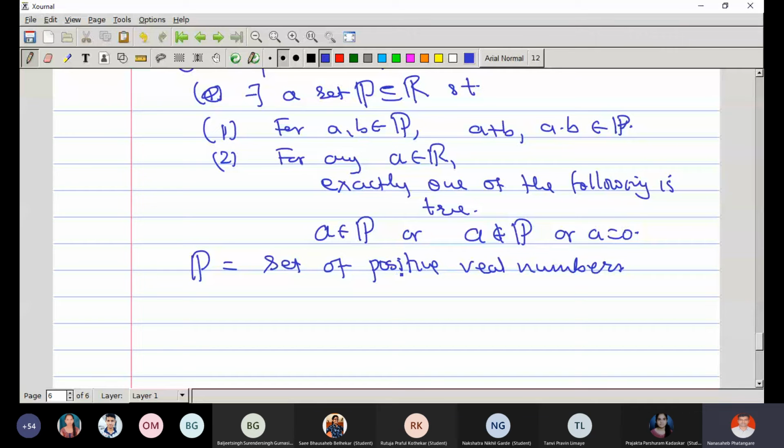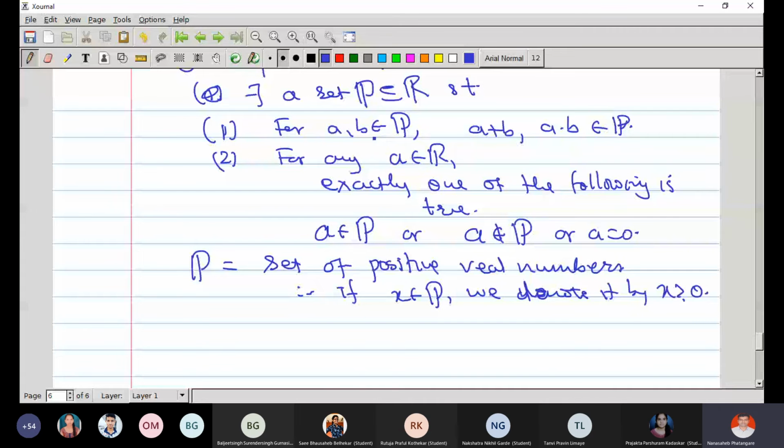That means if x belongs to P, then we denote it by x greater than 0. This is the notation that x is in P, a symbol that x is positive. So these are the order properties. The second one is called the trichotomy property. If you take two positive numbers, their sum is positive and their product is positive.